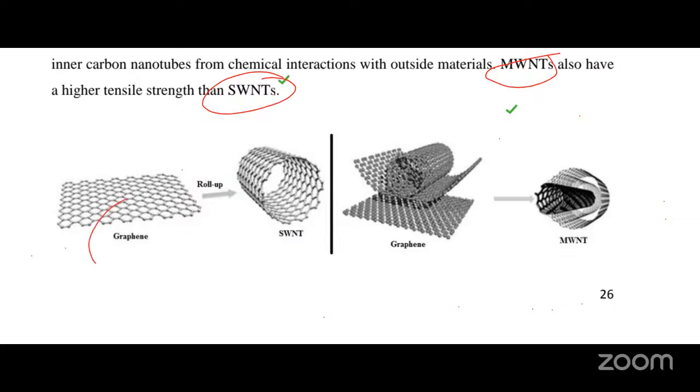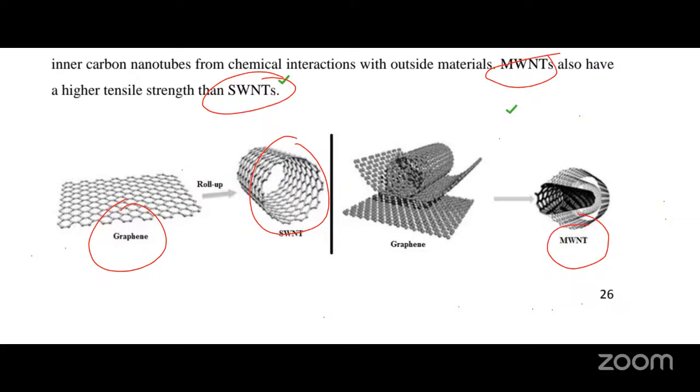This is the graphene material. When rolled up, we can get only a single-walled nanotube. Graphene is one of the materials that can be rolled up. If many graphene layers are rolled one upon another, we can get multi-walled nanotubes.